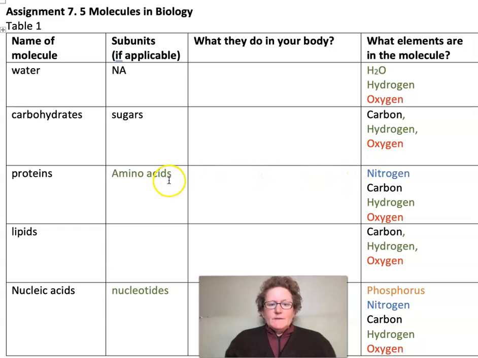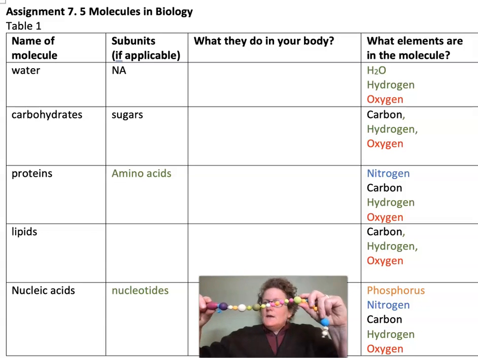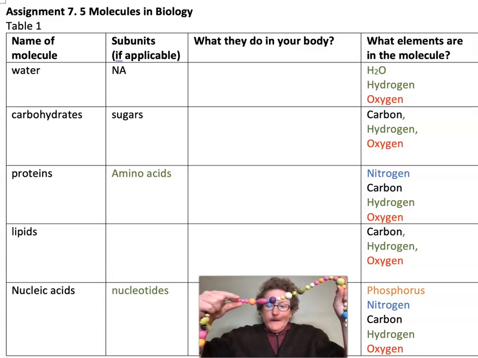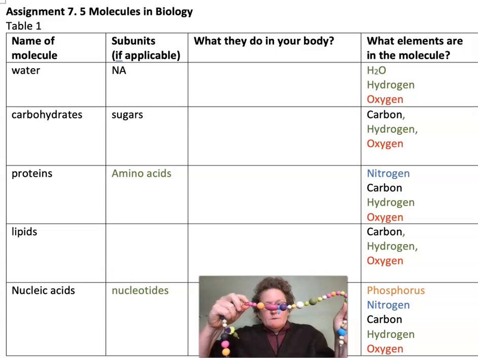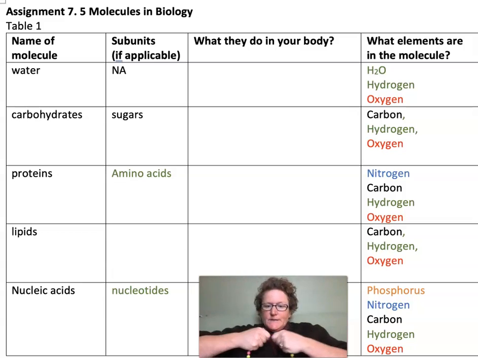The amino acids make up proteins. Remember, we had a bead chain of amino acids that make up a protein. Our bead chain necklace here represents different proteins combined together. The amino acids are molecules of their own and they combine together.